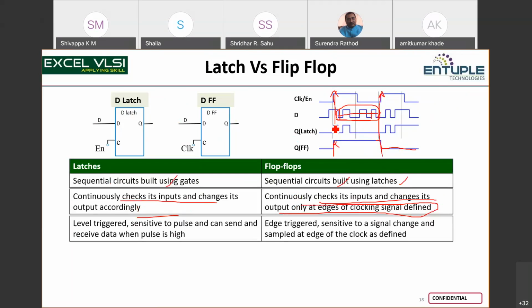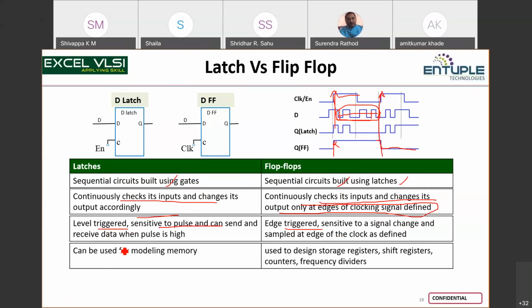Okay. This is level triggered, that is edge triggered. This is sensitive to the pulse. Means what? Throughout the pulse, latches are sensitive, but this is edge triggered and edge sensitive. So it can be used for modeling memory, registers, shift registers, frequency dividers, all use this flip-flop.